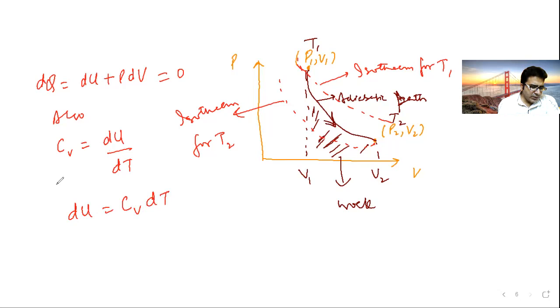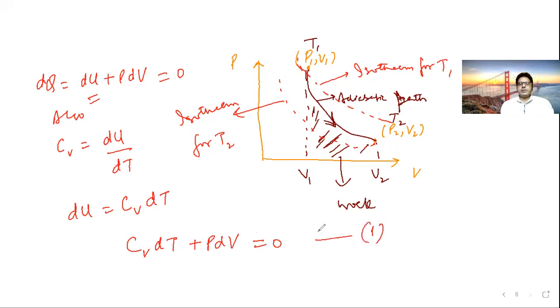So instead of du, I can write Cv dt. So my equation becomes Cv dt plus pdv is 0. This is 0 because dq is 0. This is my first equation.